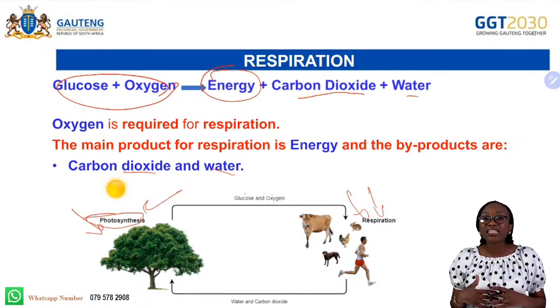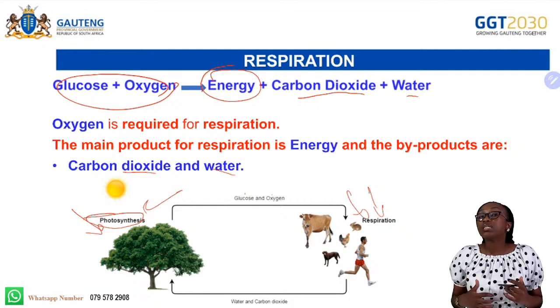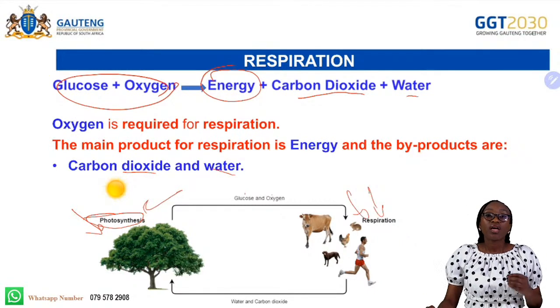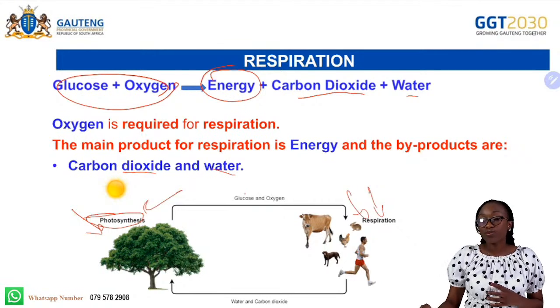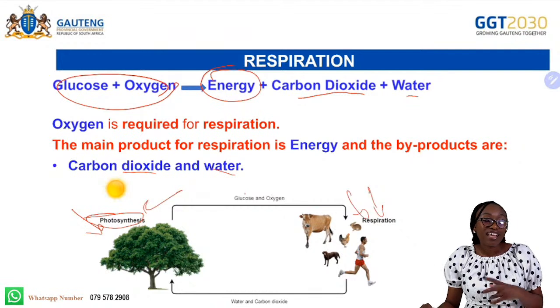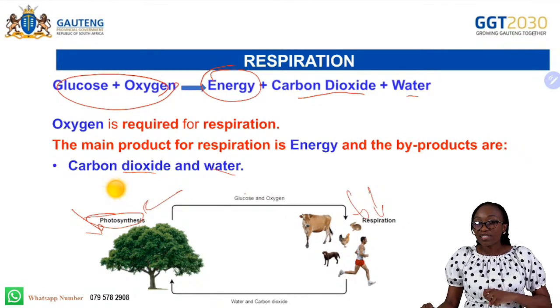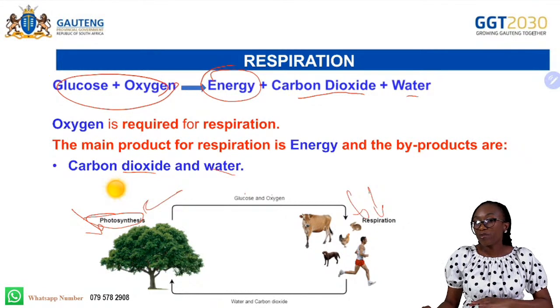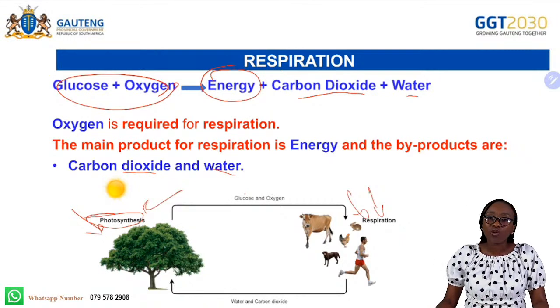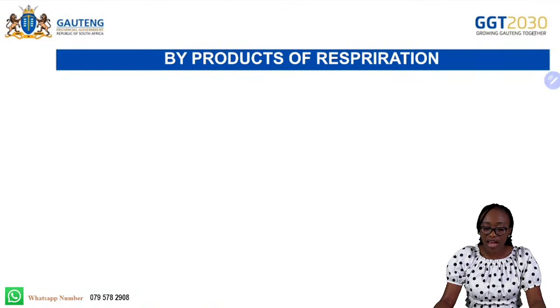So there is an interdependence. We all depend on each other. The plants depend on us to produce the requirements for photosynthesis, and we require plants to produce the requirements for respiration so that we can get energy and do the required life processes.